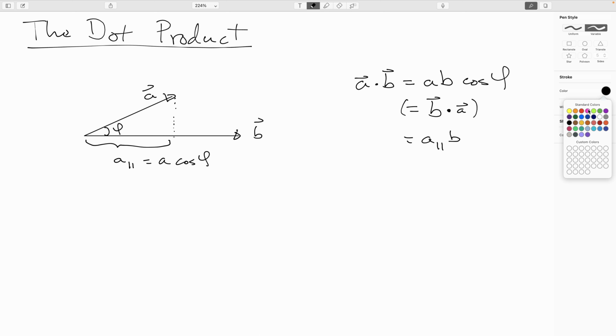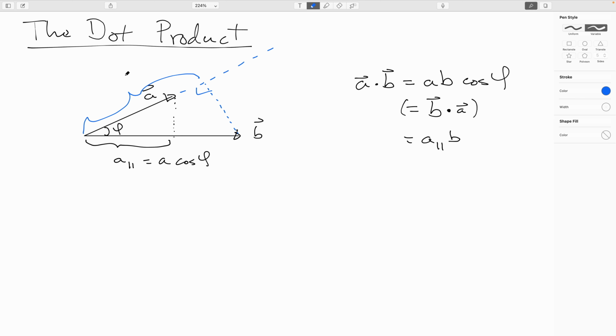Now, by the same token, I could have instead chosen to project B along A like so. So here I'm dropping a perpendicular of B onto the ray defined by A. And this piece right here, which is longer than A itself in this example, would be B parallel.